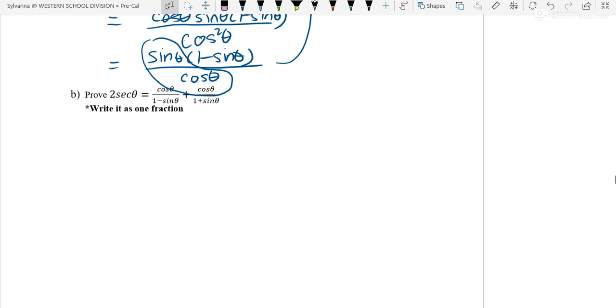Here we probably want to deal with the right hand side because that looks more complex. And the clue here is to write it under one fraction because right now it's separated into two fractions. So that means I need to multiply one fraction by 1 plus sine theta and the other fraction by 1 minus sine theta. So we'll just write it out so you can see what I'm going to do here.